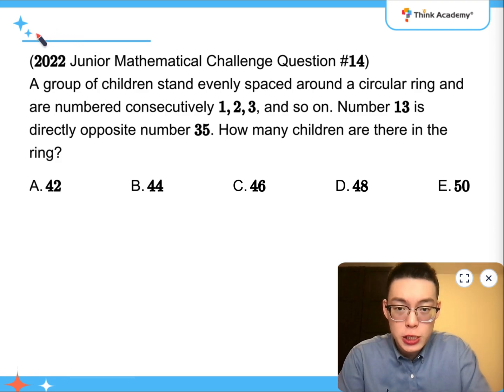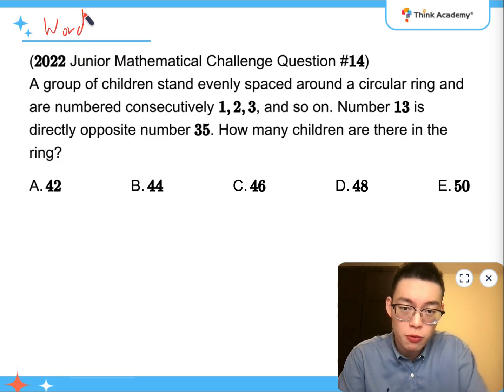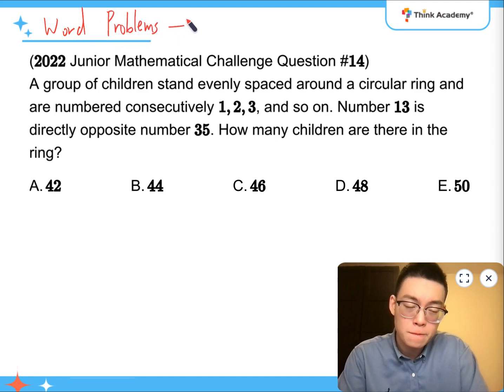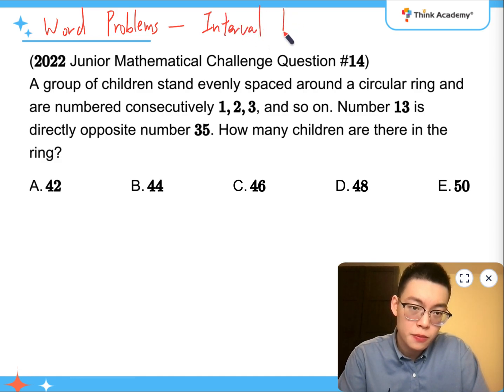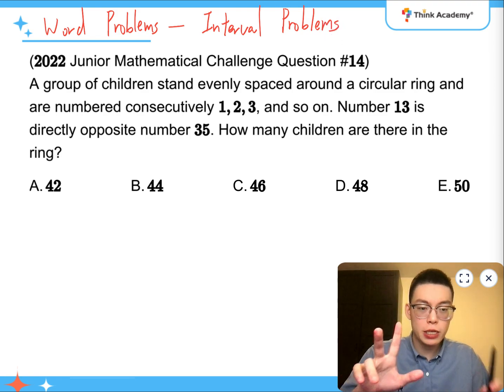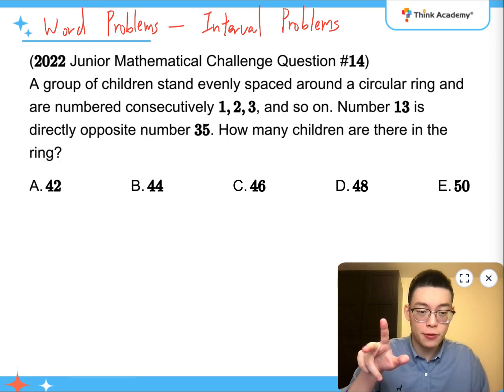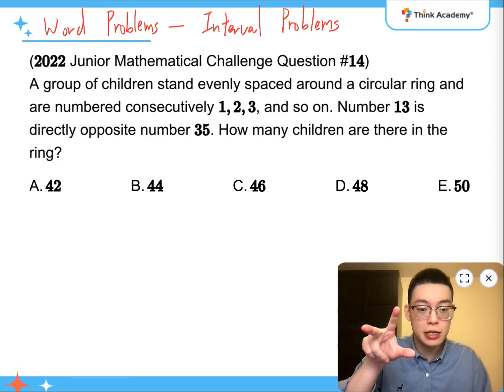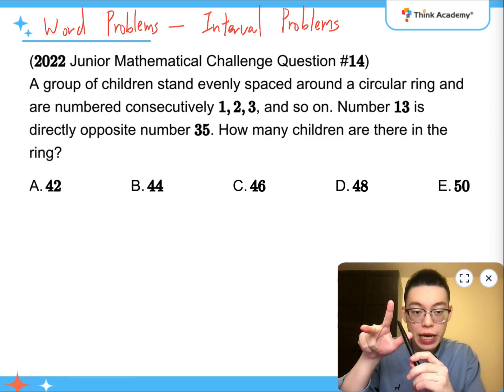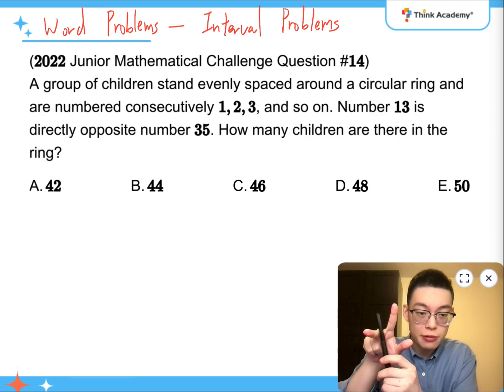Well, this is a circular interval problem, which also belongs to the interval problems. So think about it, if something spaced around a ring, for example, if there are 3 things spaced around a ring, like my 3 fingers, there should be 3 gaps, 1, 2, 3, right?